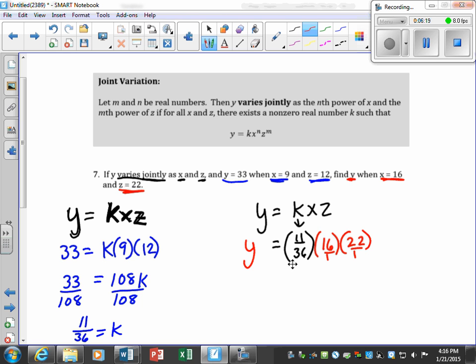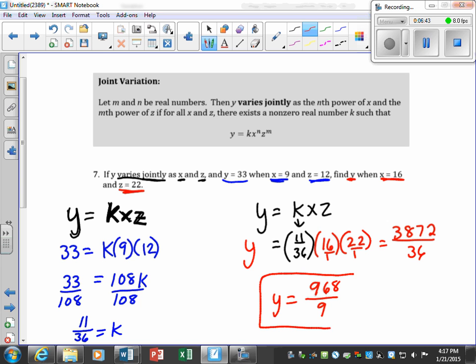And then put that over 36. That would be 3,872 over 36 times 1 is 36, and then you would divide a 4 out of both of these, and then you would get 968 over 9 as the fraction.